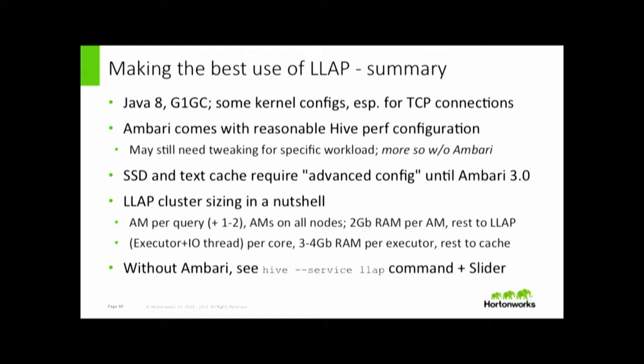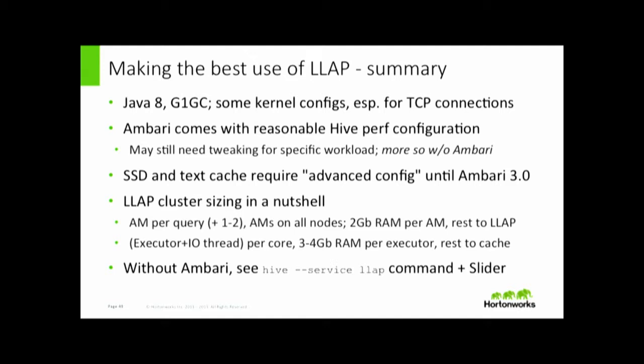Without Ambari, you may need to tweak a bunch of configs for Hive performance that are going to be on the future slides and on SlideShare. We probably will publish a document for this at some point so that you could tweak it for performance. Some new features like SSD and text cache require going to the advanced config section in Ambari for now, and you have to specify the settings manually to enable them. They're not enabled by default.